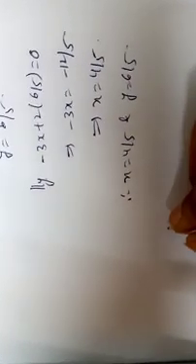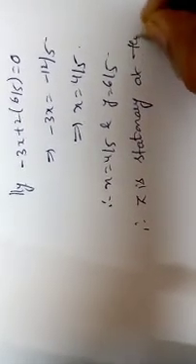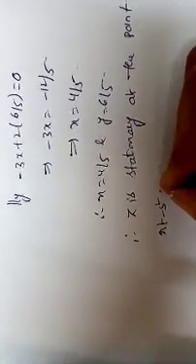Therefore z is stationary at the point 4 by 5, 6 by 5. Now we have to check rt minus s square, equal to 2 into 2 minus the whole square of minus 3.